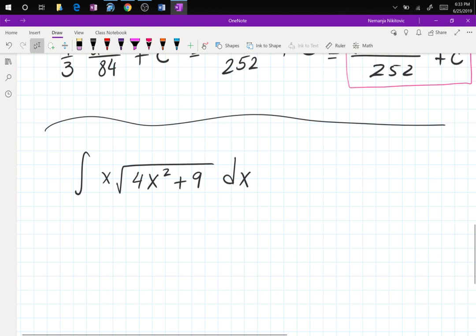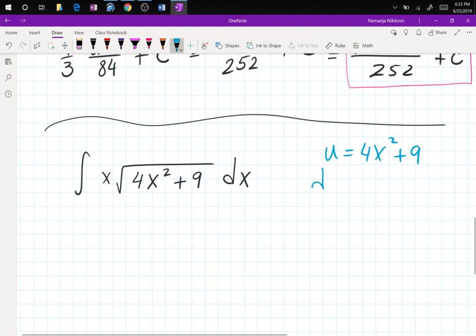So what do we do? We start with u equals 4x squared plus 9, because that's what we don't like. We don't like that piece under the square root. Now we'll have a cool tool to actually show us what we get to pick, but let's get there slowly.